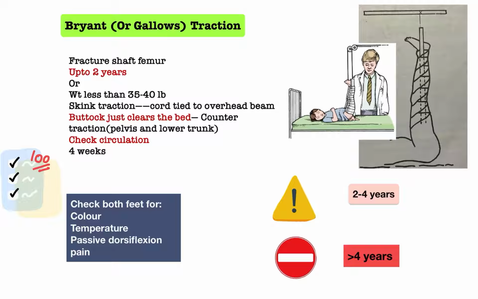After application of Bryant's traction, one must look, feel and move. We must look for the color of the foot, whether it is pink or pale. We must feel for the temperature, whether it is warm or cold, and we must move the foot for dorsiflexion to see whether there is pain on dorsiflexion or not.